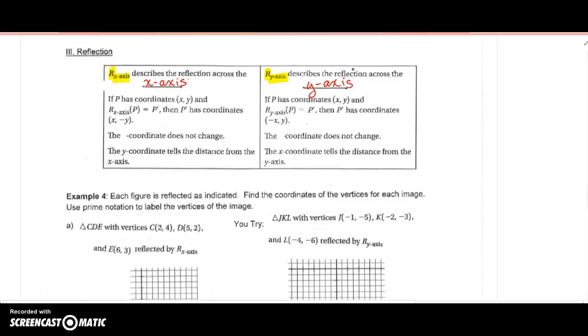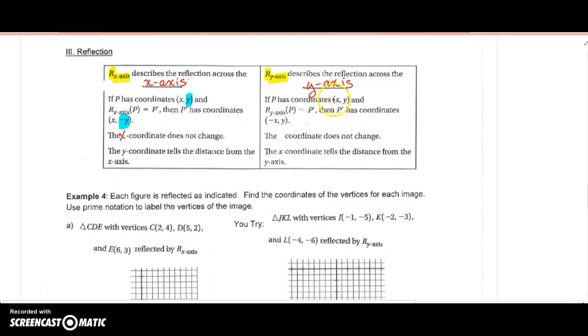What happens is, when you have a reflection in the x-axis, you're basically going to take all your y's, and for your moved figure, you're going to change them to negative y's. And the x-coordinate doesn't change.